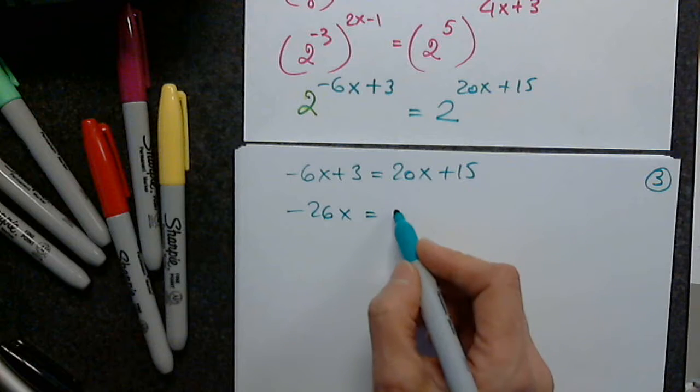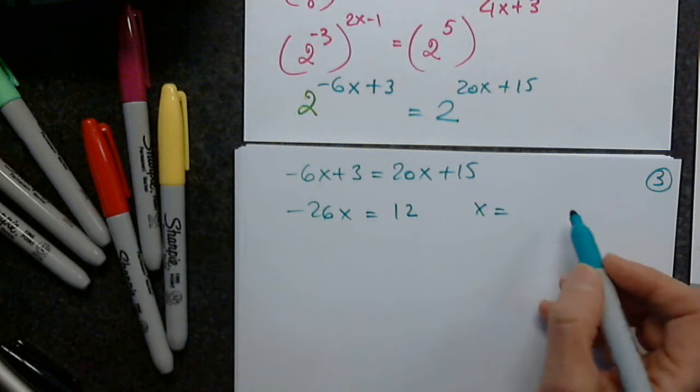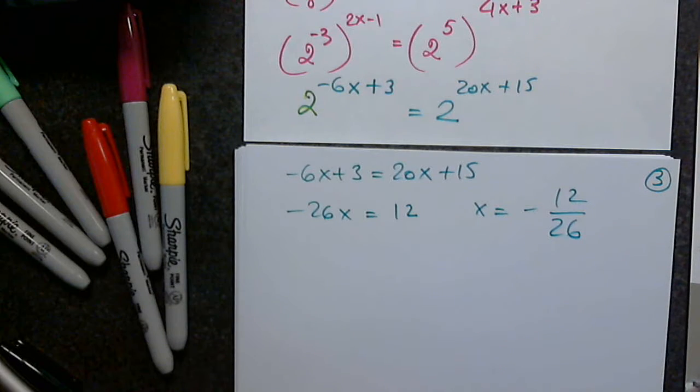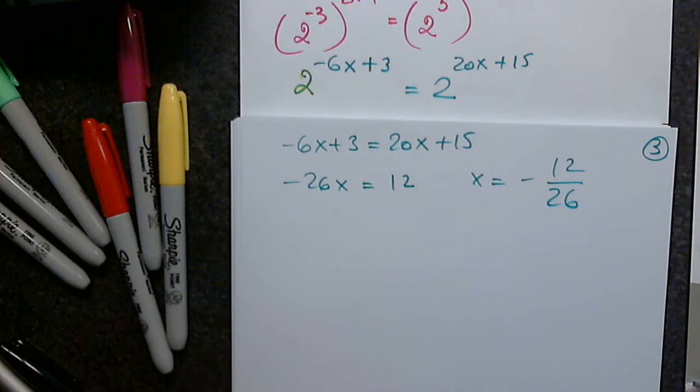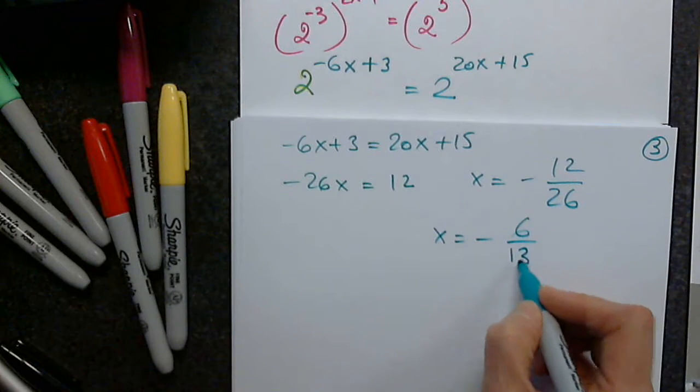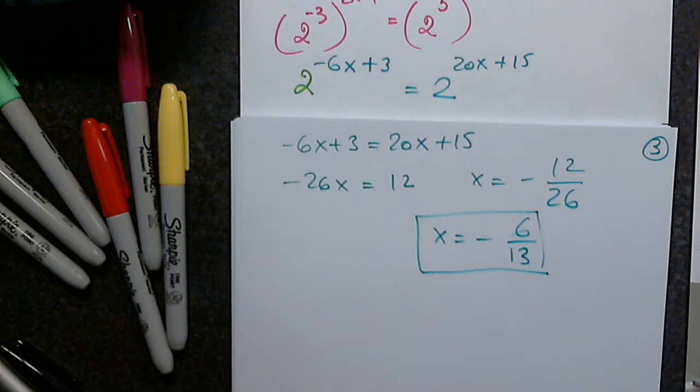I subtract 3. So then x equals -12 divided by 26. And I will divide by 2. And that is it.